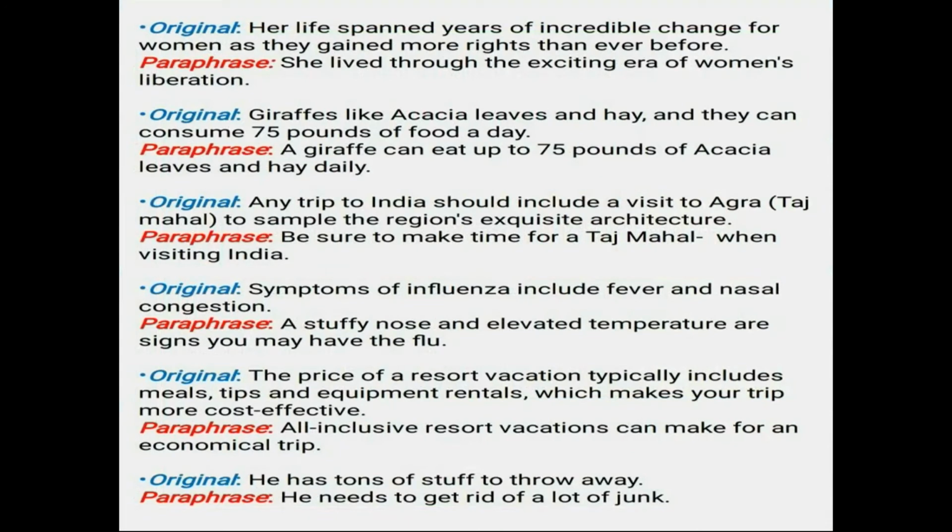Let us now look at some examples to have a better understanding on how a paraphrasing is done to a sentence. The first example, the original sentence is, her life spanned years of incredible change for women as they gained more rights than ever before.